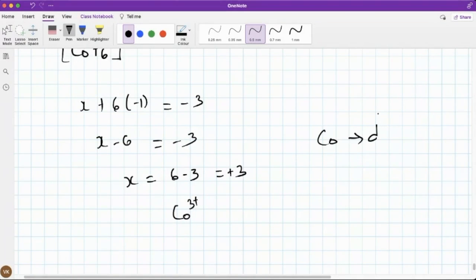Cobalt element will have D7. When it is cobalt 2 plus, it is again D7. The reason is that cobalt has 3d7 and 4s2, so these 2 electrons will go, so that is cobalt 2 plus, and this is D7.